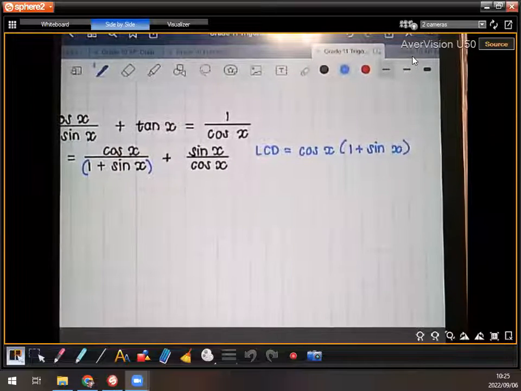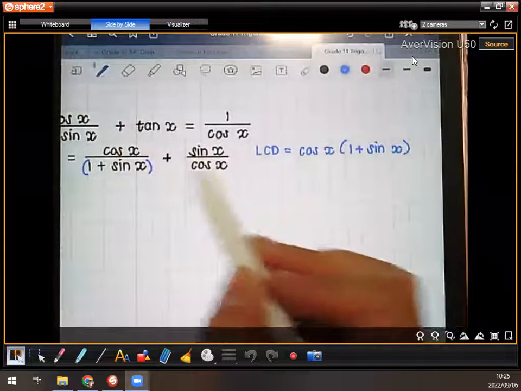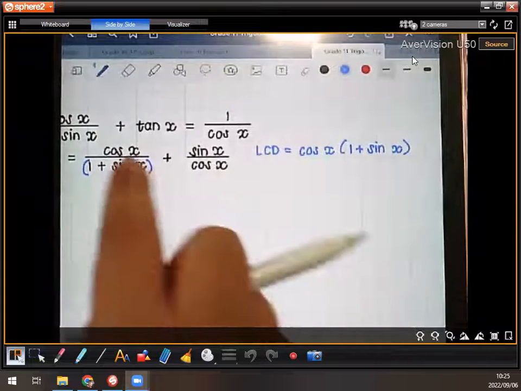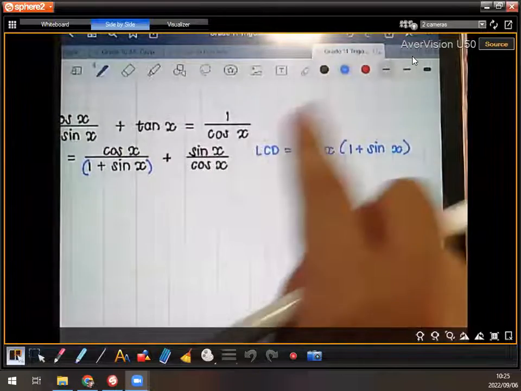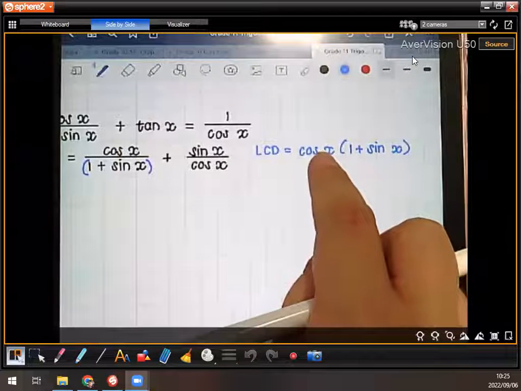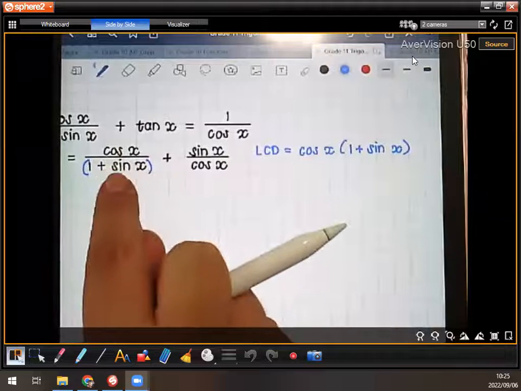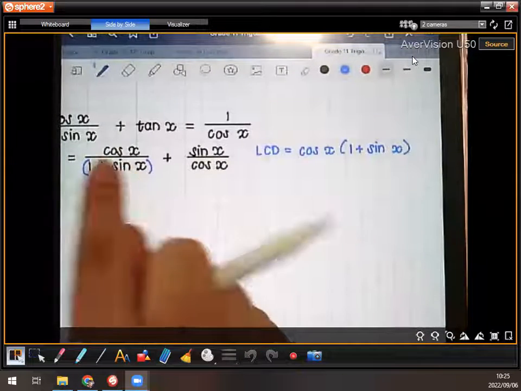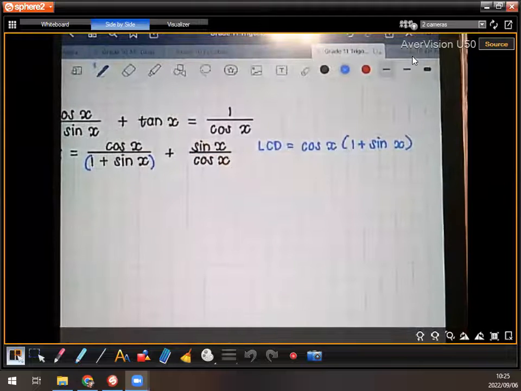It's actually the lowest common multiple of your denominators. Both of these denominators need to be able to divide into our LCD. So you have to have cos x in your LCD so that cos x can divide into it, and you have to have that 1 plus sine x in your LCD so that 1 plus sine x can divide into it. So you do have to include both of those.